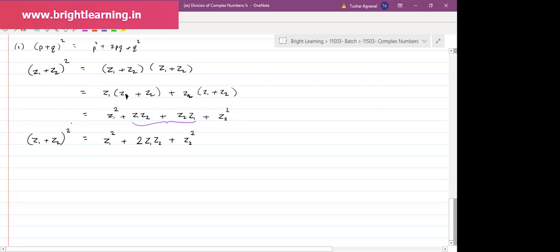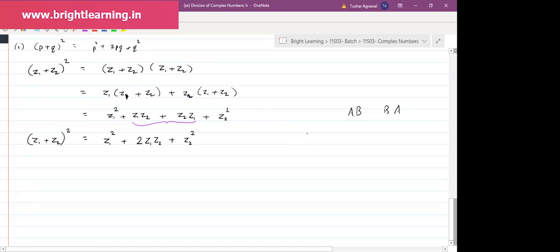Now, in matrices also, multiplication is defined in some way. We will see that afterwards. But matrix A multiplied by matrix B and matrix B multiplied by matrix A need not be equal. In fact, both multiplications may not even be defined simultaneously.